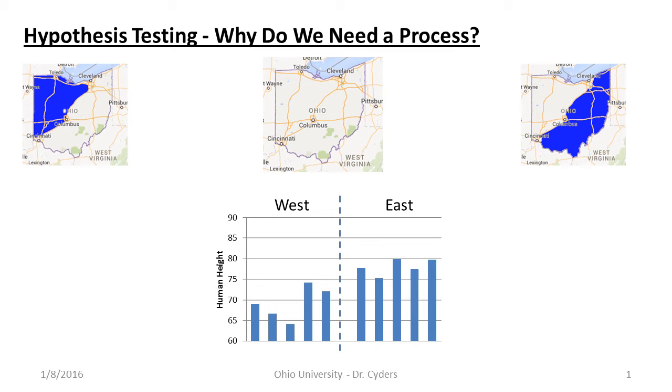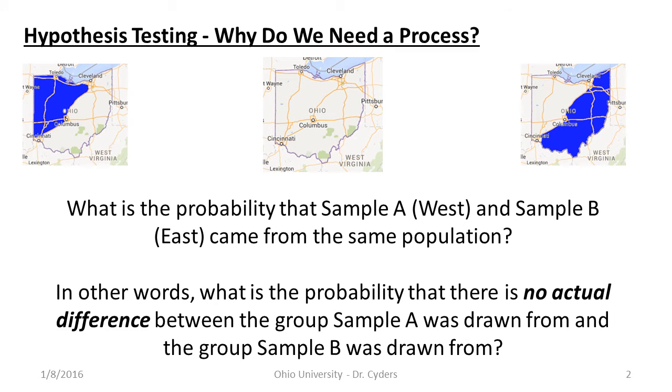Well, the first thing we need to do is think a little bit about the statistics. The question that we're going to ask in earnest is, what is the probability that sample A, the western half of the state, and sample B, the eastern half of the state, came from the same population? In other words, what is the probability that these two sets of 5 measurements could have come from the same population where there is no difference?